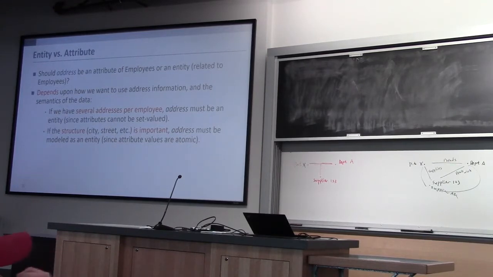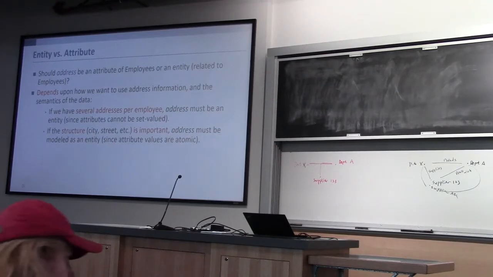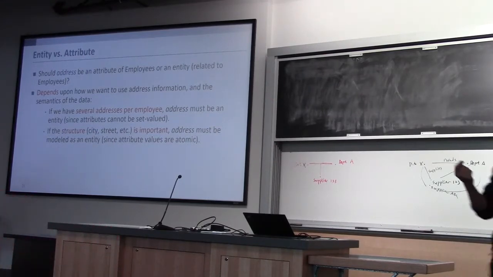So that's another benefit. Yet another benefit of modeling address as an entity set is that you can have substructures within address. Because once address becomes an entity, you can have different attributes of this address. Instead of modeling address as a string value, which is unstructured and you don't know what the structure is, now you have different attributes.